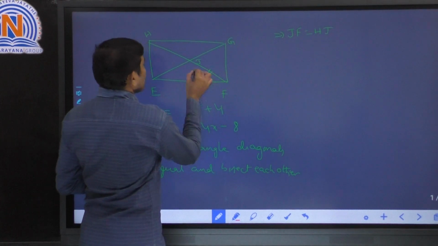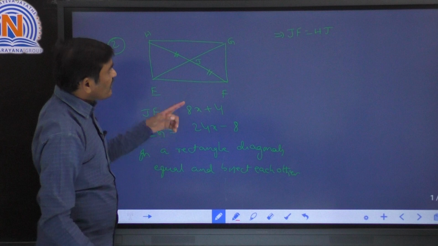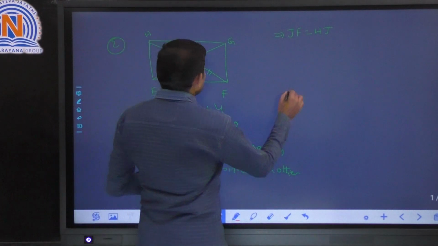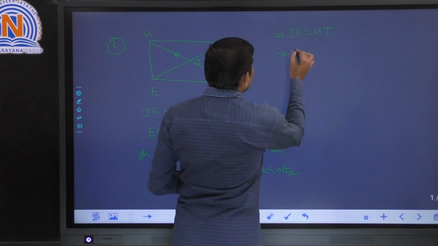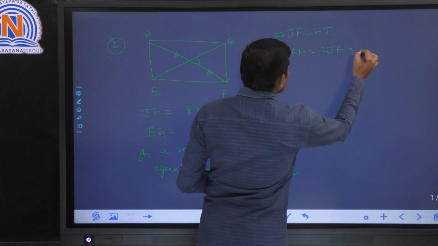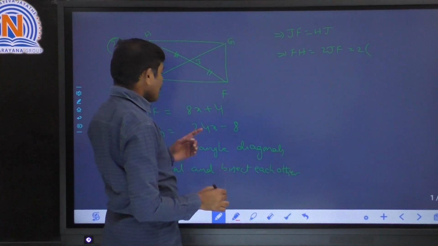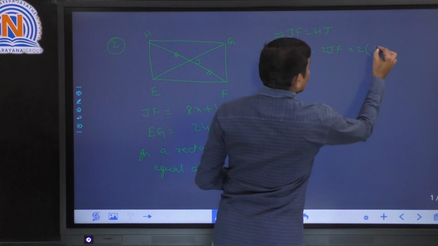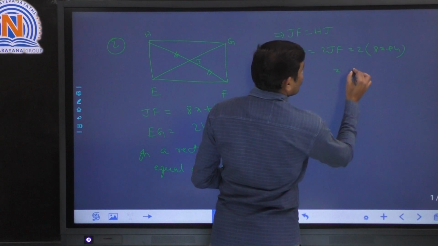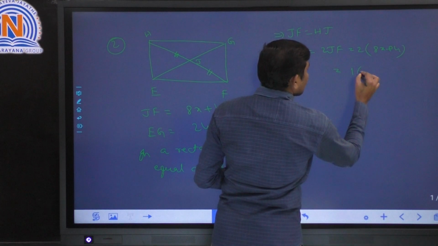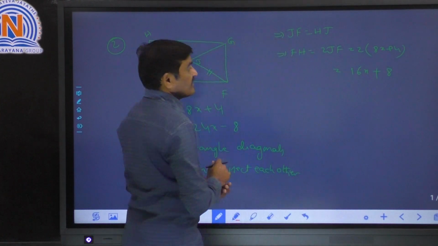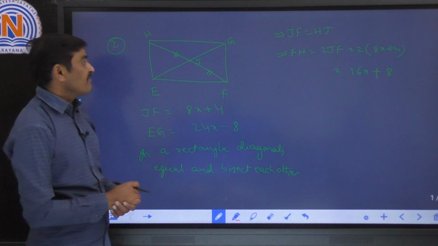These two parts are equal. Already given JF is 8x plus 4, so FH is equal to 2 JF, that is 2 into (8x plus 4), so 2 8s are 16x plus 2 4s are 8. That is 16x plus 8 is the FH.